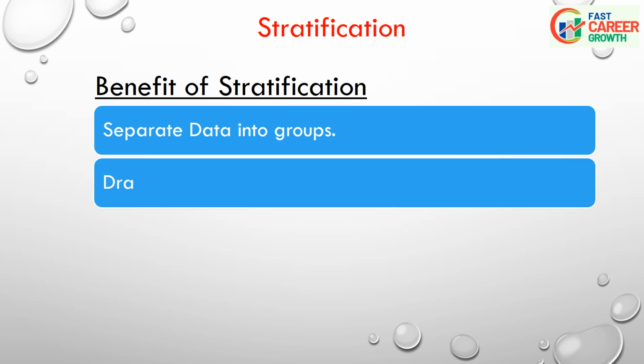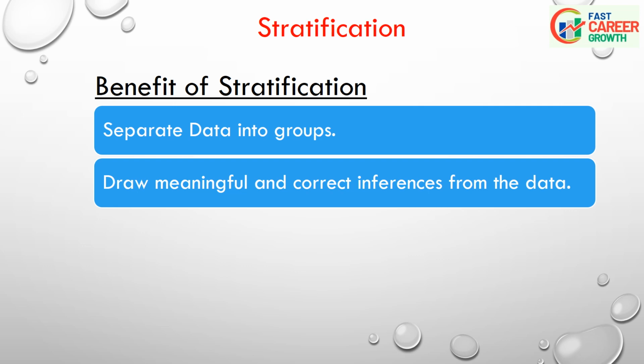Draw meaningful and correct inferences. Once the data is grouped, you can start drawing inferences or conclusions. Analyzing data within each group enables you to make more specific and accurate observations. You can identify trends, patterns, and anomalies that might not be apparent when looking at the data as a whole.